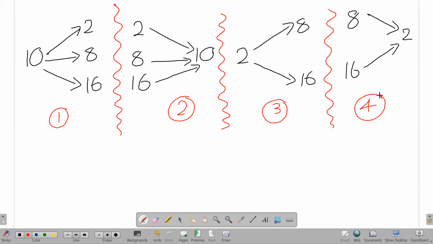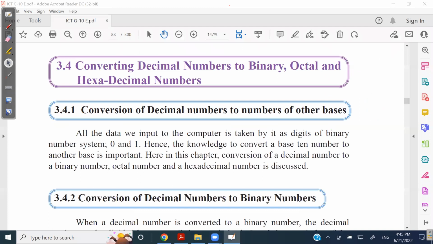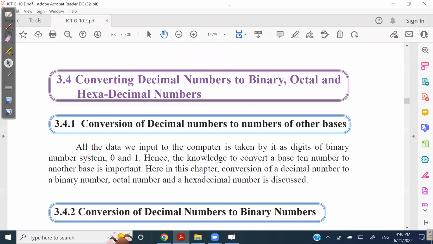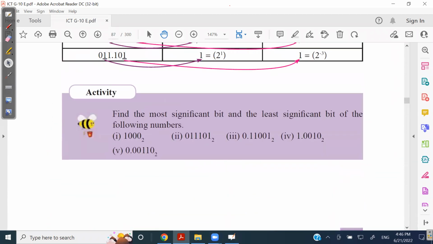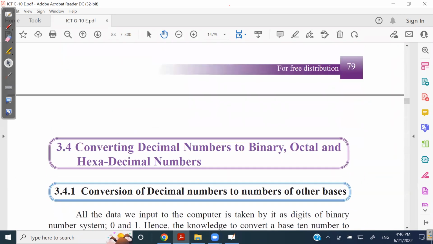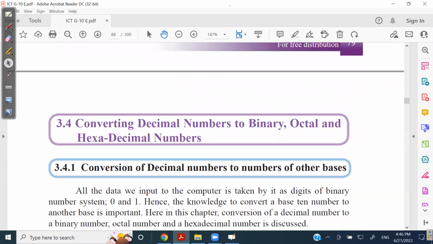Okay, so let's write the topic. Let's write it in a common way. Let's say number conversions, or simply conversions.